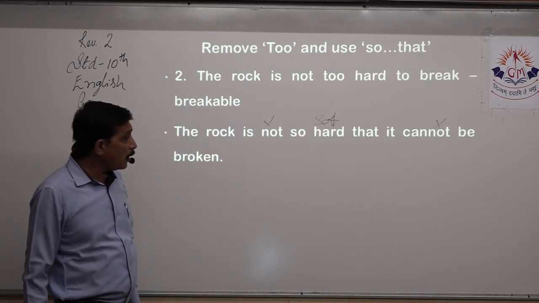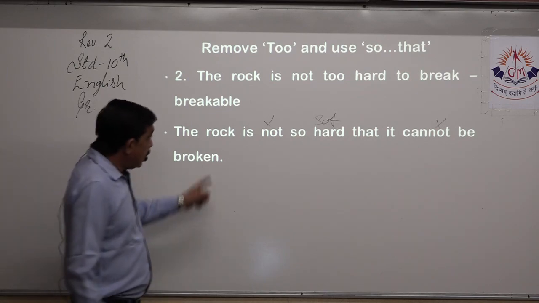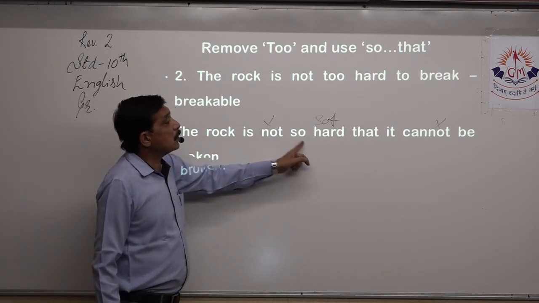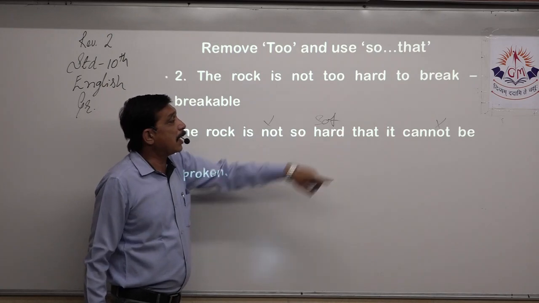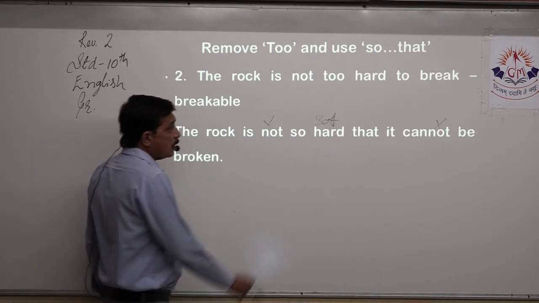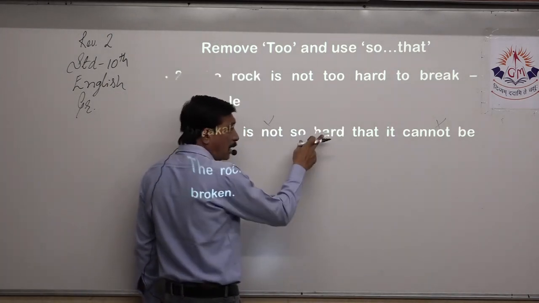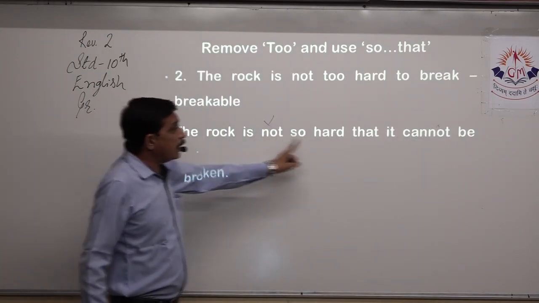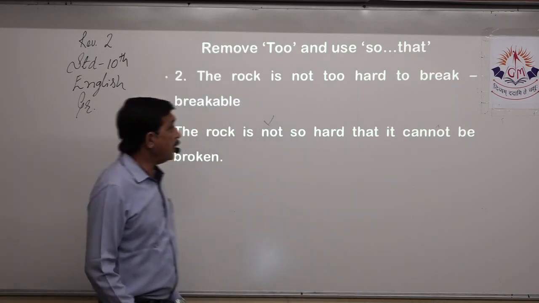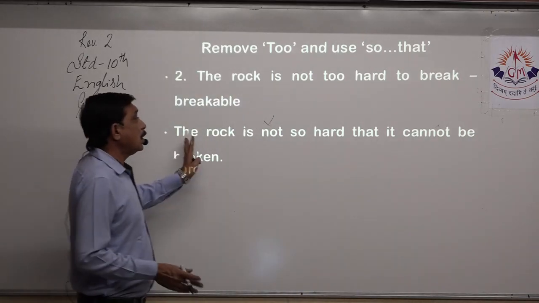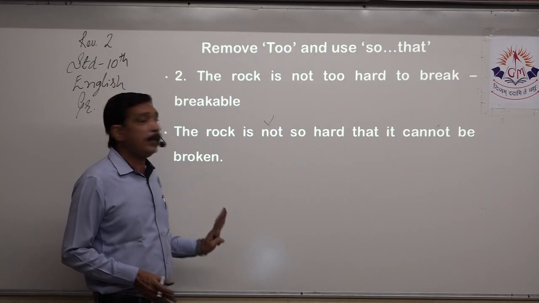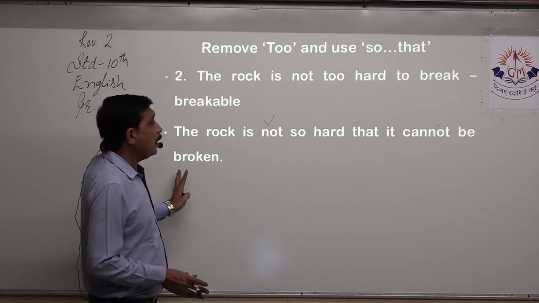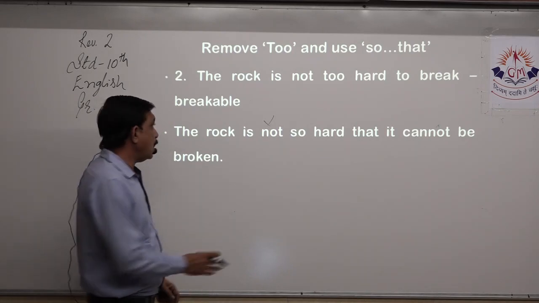Now, it won't work. The rock is so soft that it can be broken. Yes, because if I put hard over here, I will have to use not, because two negations will be positive. That means the effect is neutralized. The rock is so hard that it cannot be broken. Right? So, meaning remains the same.